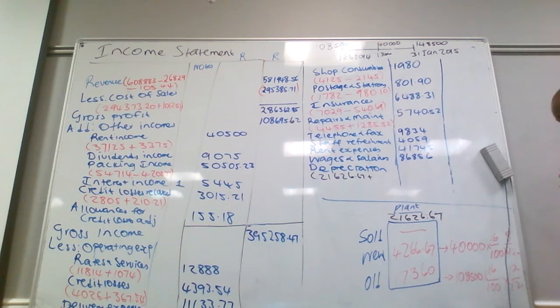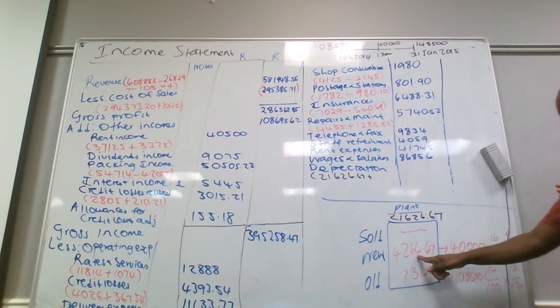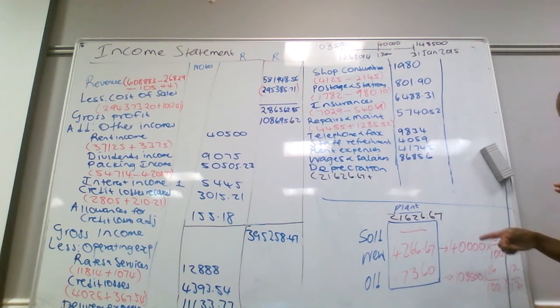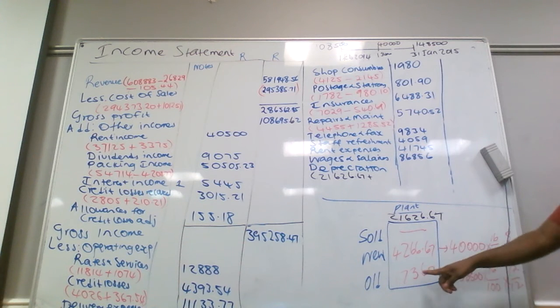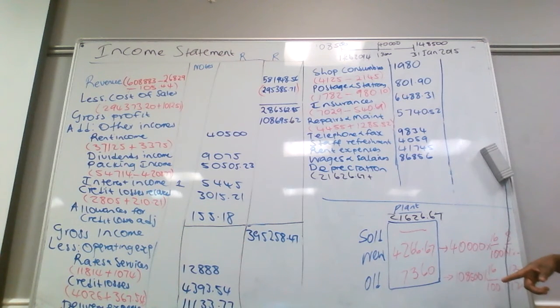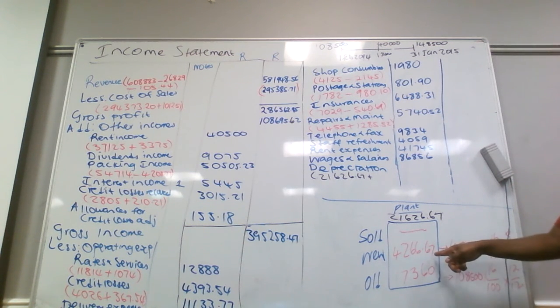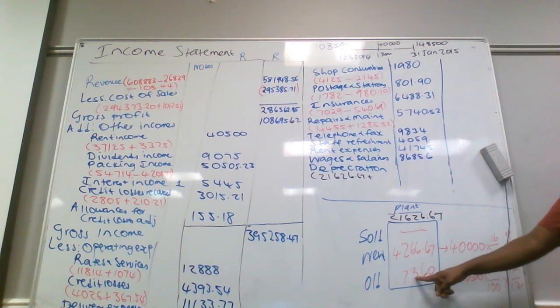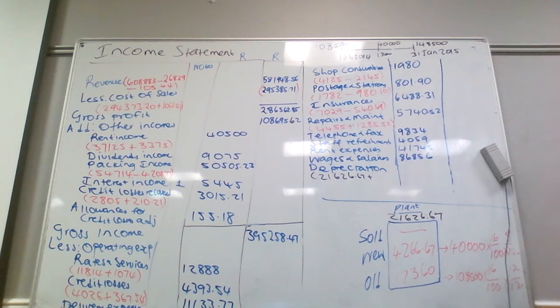What is the answer for the new one? 4,266.67. And the old one is 17,360. Are you okay with this one? And the old one? 17,360. Got it?